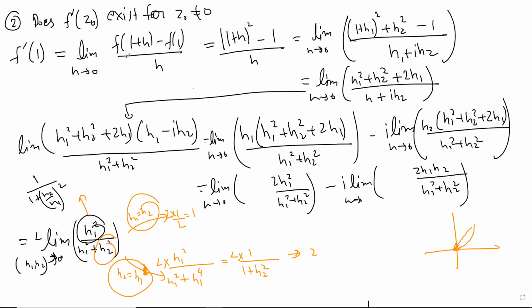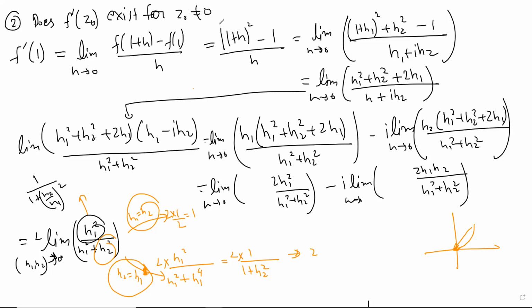So you see this very nice function. At least from the real perspective, it's very nice. The function that just returns you the square of the distance. That's not a differentiable function at any point other than 0.